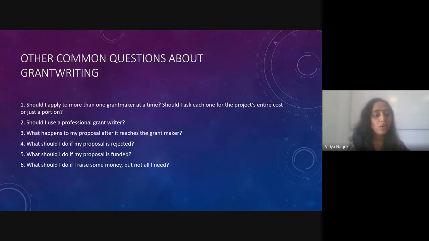What should I do if my proposal is funded? Then it goes through the process that we have discussed. Do not only think that, yes, I have received my funds and now I'll conduct my research and do my project. Don't do that. You have to keep the agency updated with the progress of your project or research and how it is practically benefiting, from a factual point of view and from a human benefit point of view.